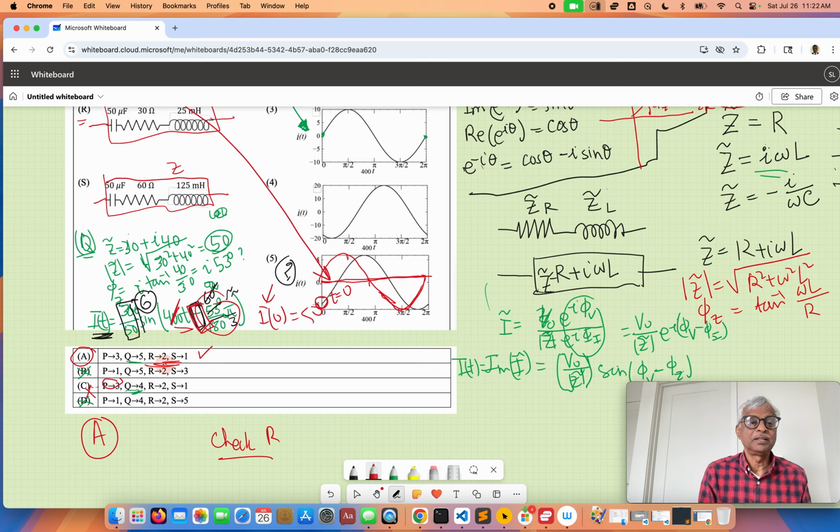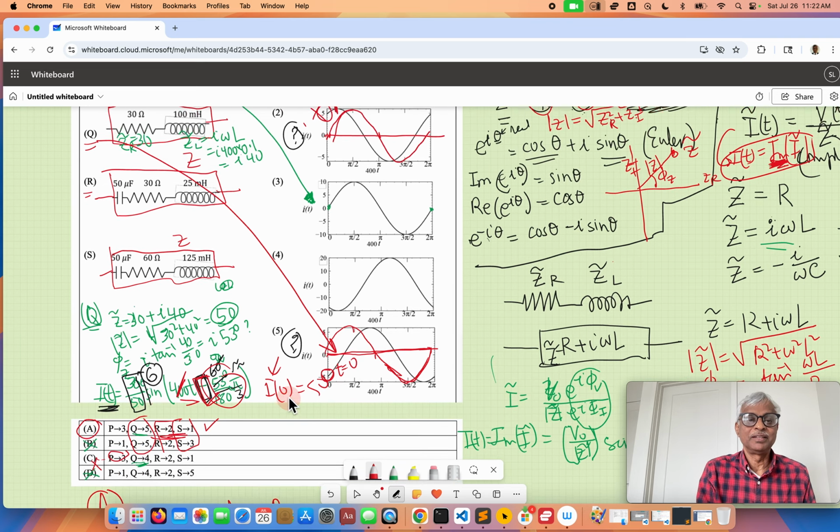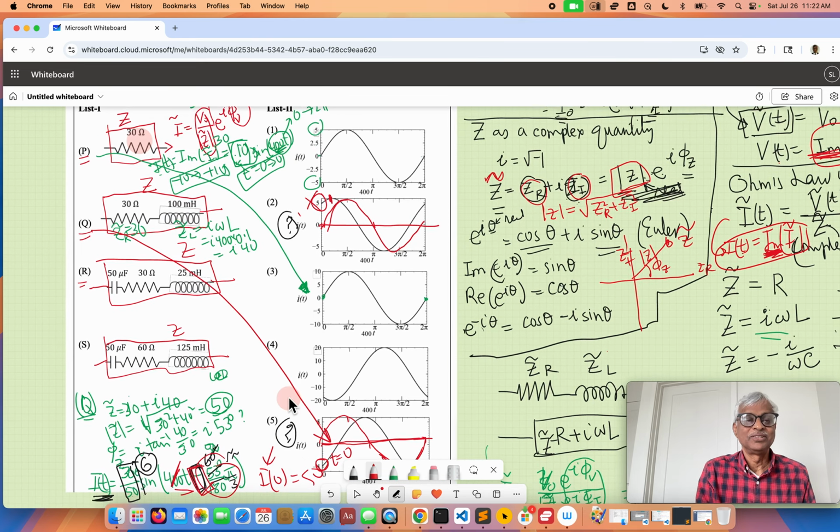Checking R, is that a good strategy between this and this? Because say you're sure of Q, but not sure of P for some reason, then you have to check S, right? So that's the strategy for taking tests, that you should check S. But anyway, let's check if R is 2 or not.